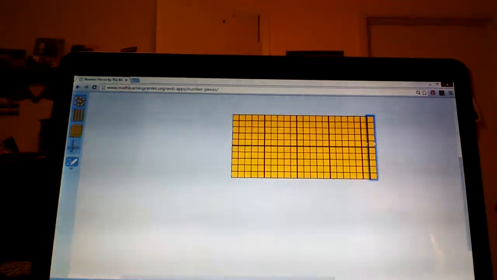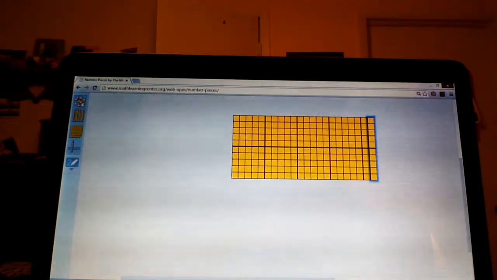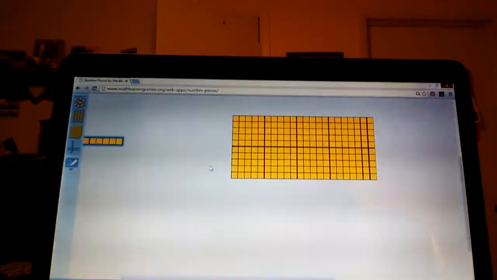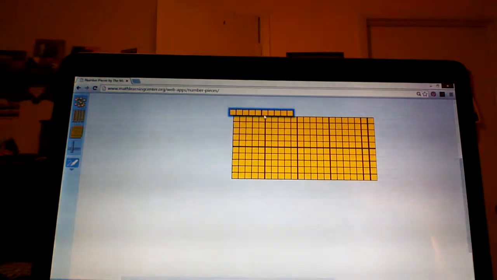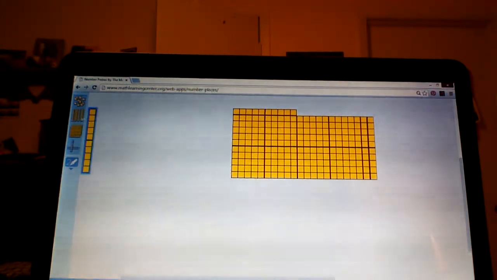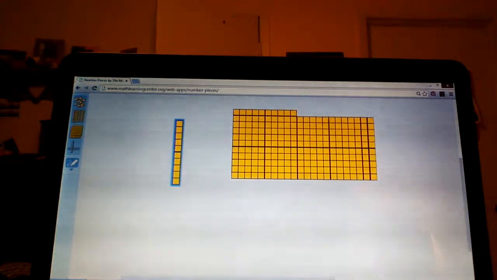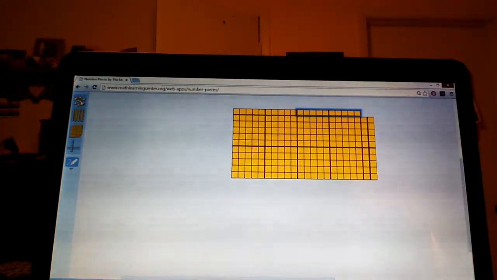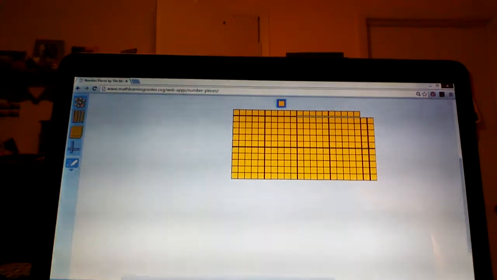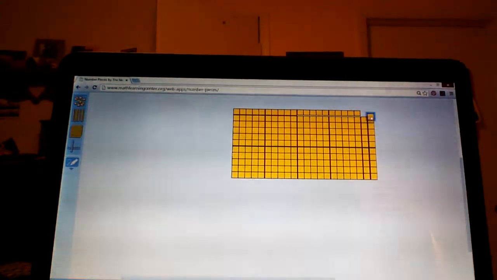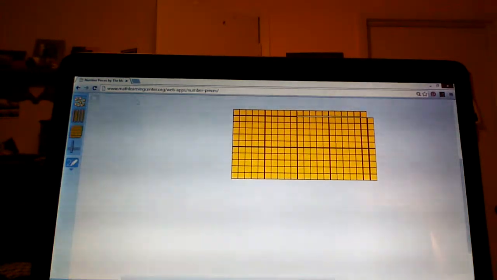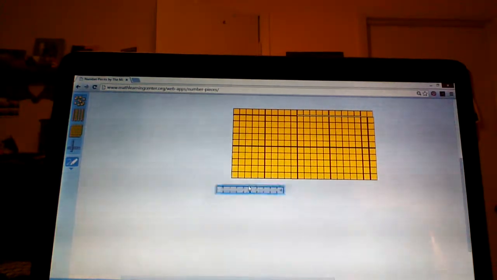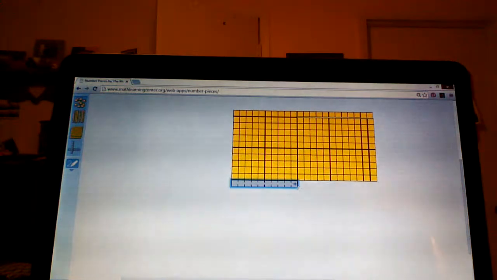I'm going to add more on this side. So I'll add another one. Add a unit here and a unit here. So let me take my ruler and show you visually what I'm going to talk about.